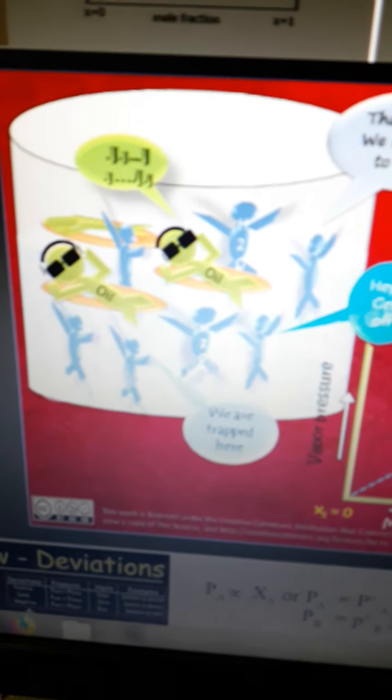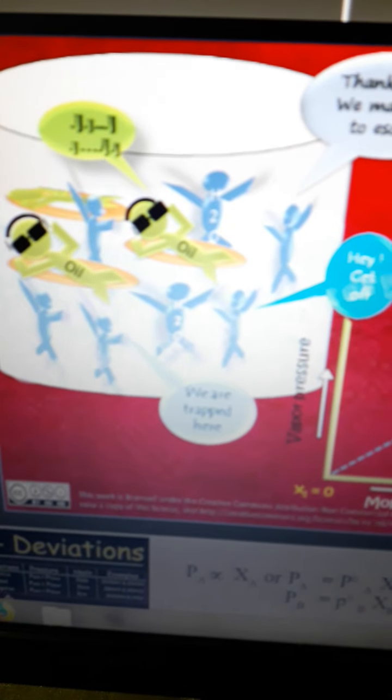Therefore, the vapor pressure of the solution containing a non-volatile solute is actually the vapor pressure of the solvent in the solution. Over here, the solvent is water. So, the total vapor pressure of the solution is nothing but the vapor pressure of the solvent in the solution. This is when a non-volatile solute is present in the solution.